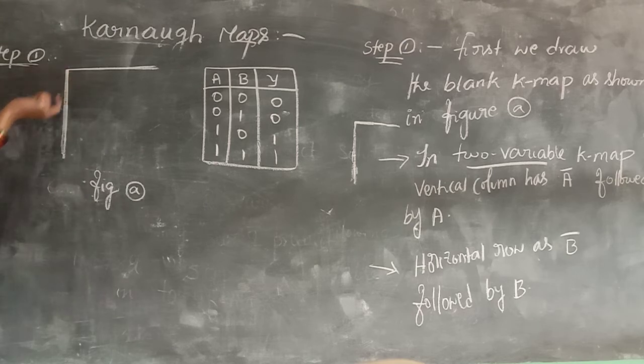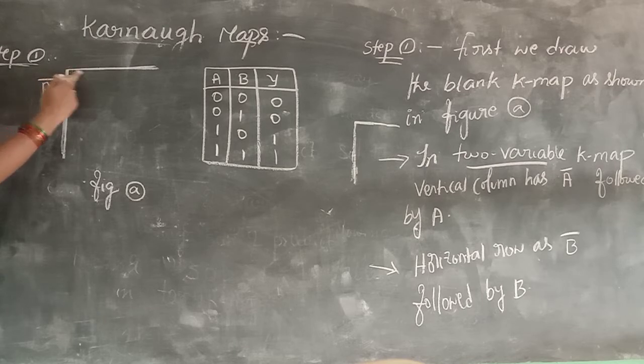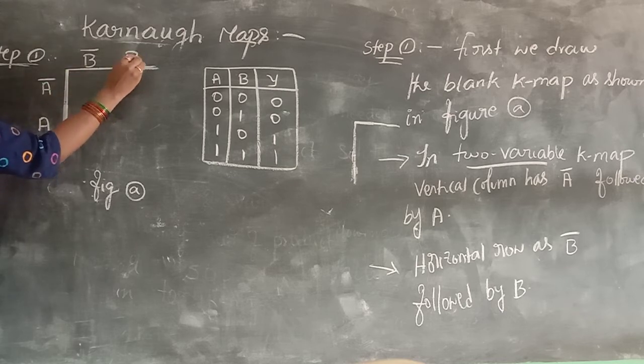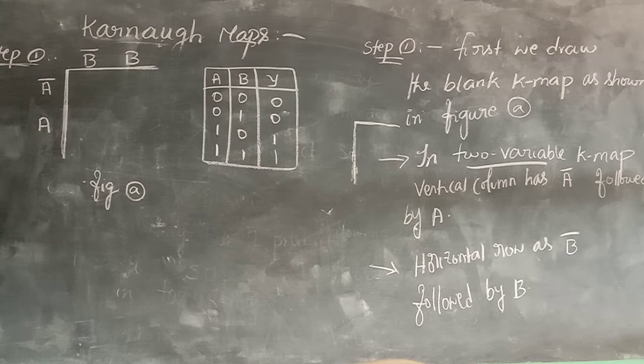The vertical column has A bar followed by A, and the horizontal row has B bar followed by B. This is step 1.